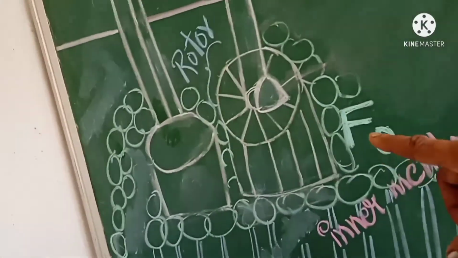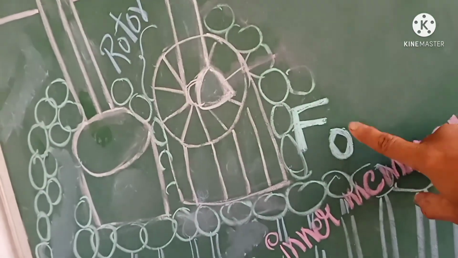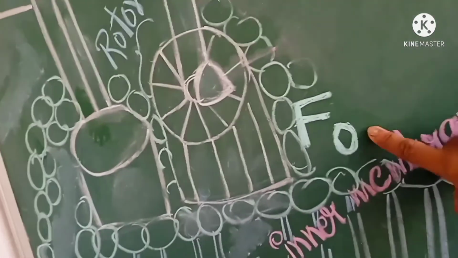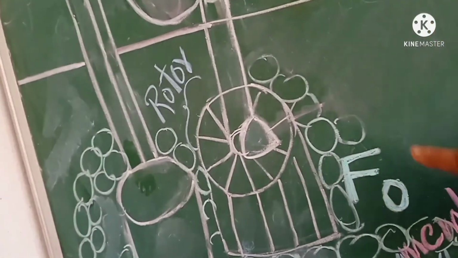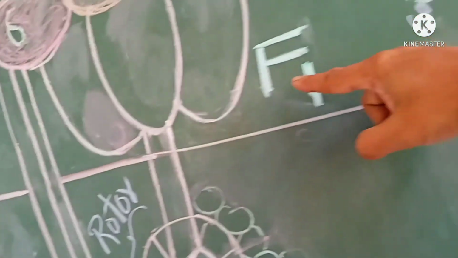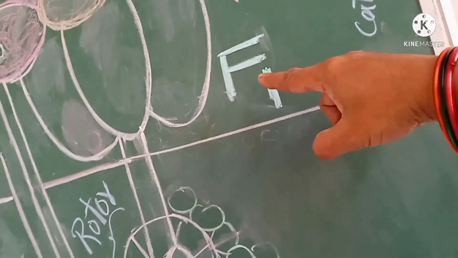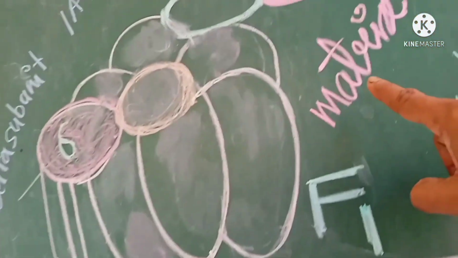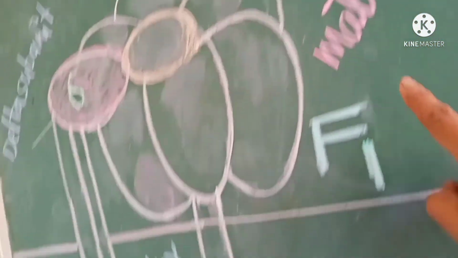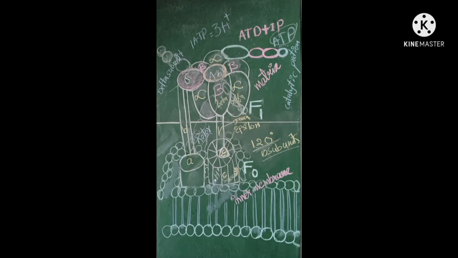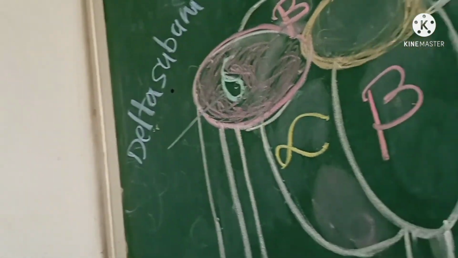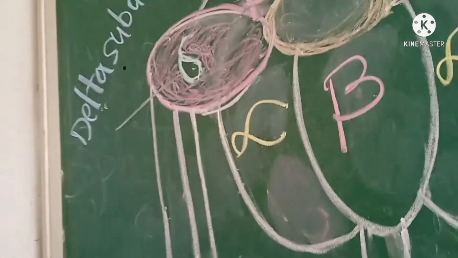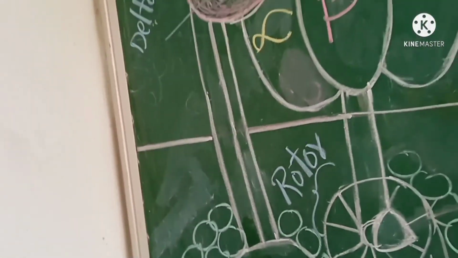F0 components are all embedded in the inner membrane, which is a hydrophobic lipid layer, whereas F1, which protrudes from the inner membrane, is hydrophilic and embedded in the matrix. In F1 ATPase, the delta subunit has no catalytic activity. Actual ATP synthesis takes place in the beta and gamma axial.